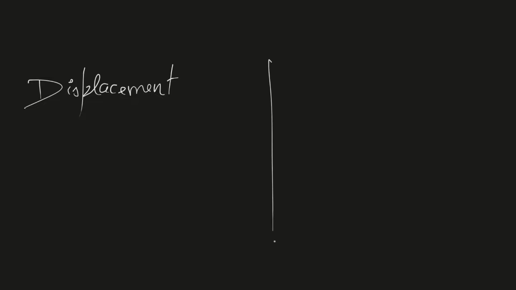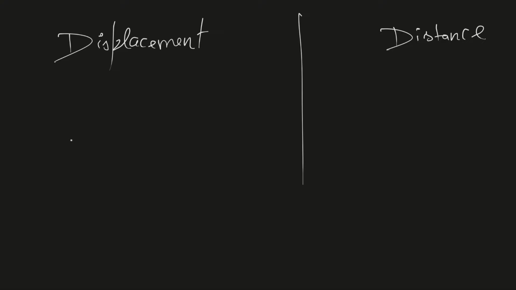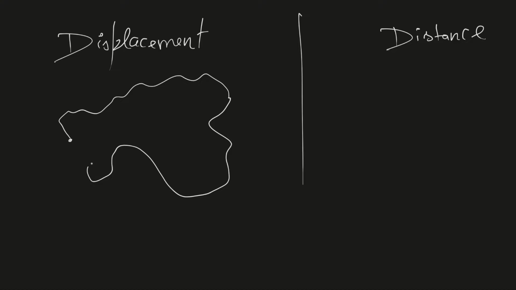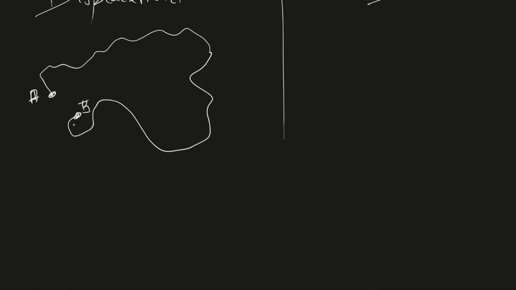displacement and distance. Let's suppose I take an example to explain it. Let's suppose you move like that, starting from point A and ending your journey at point B. Then the displacement, the vector displacement, is the shortest distance between the starting and the final point.